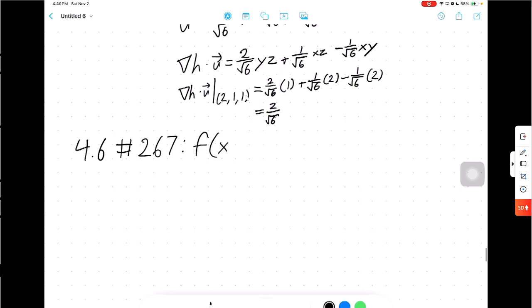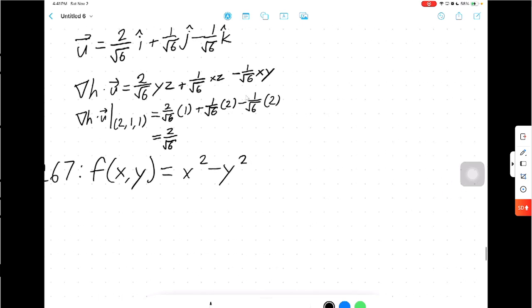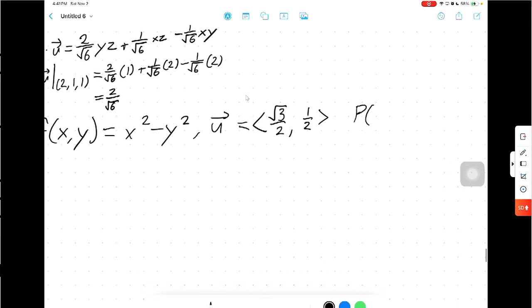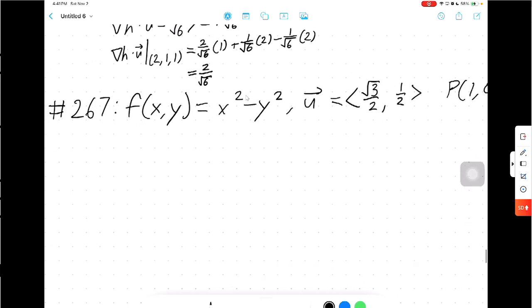Alright, it says f of xy is equal to x squared minus y squared. And then our unit vector is equal to root 3 over 2 and 1/2, that's going to be a magnitude of 1, so I do not have to do anything in terms of that.